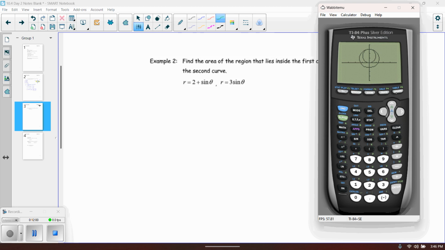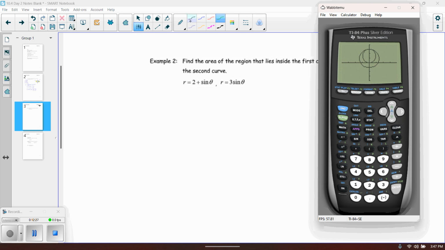And we are talking about the area of the region that lies inside the first curve, which is the cardioid, but outside of the second curve. So I don't think I can put anything on here. No, you can't really see it. It's basically the right half of the crescent moon kind of symbol. Hopefully you can see that by looking at it, because I can't really draw on the calculator portion there.